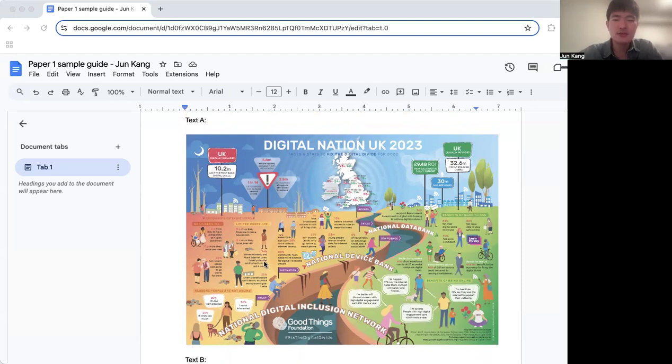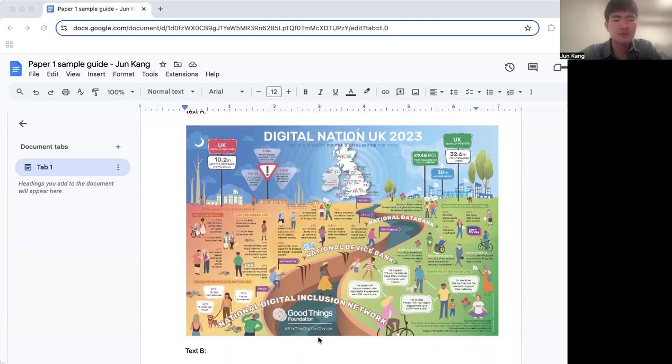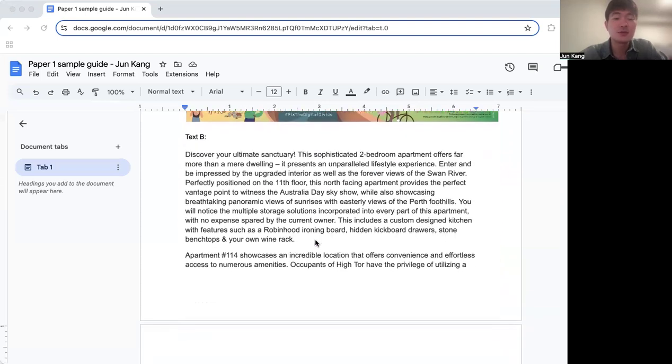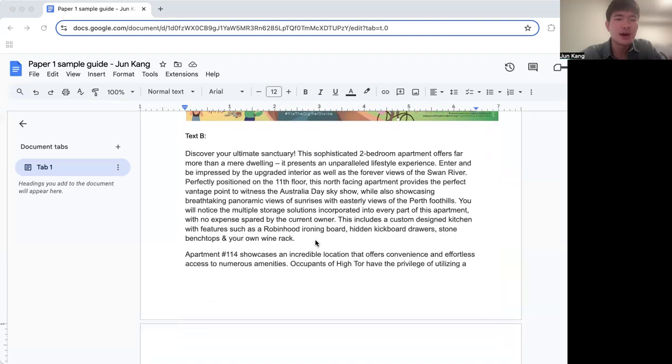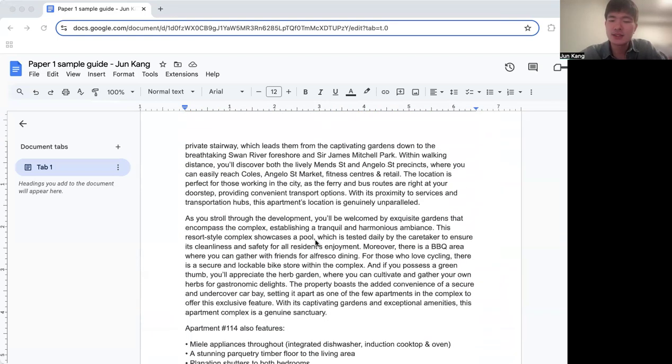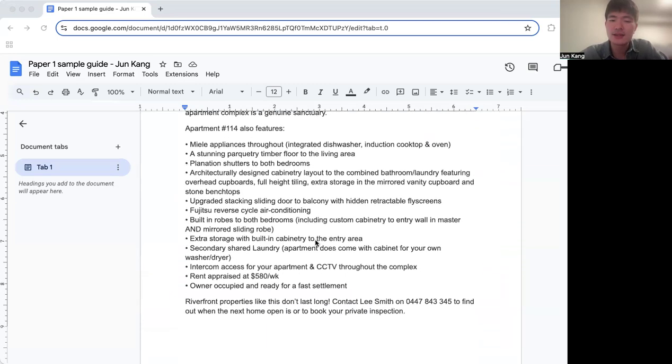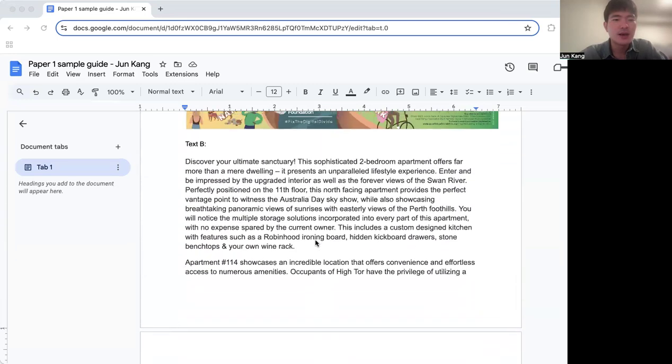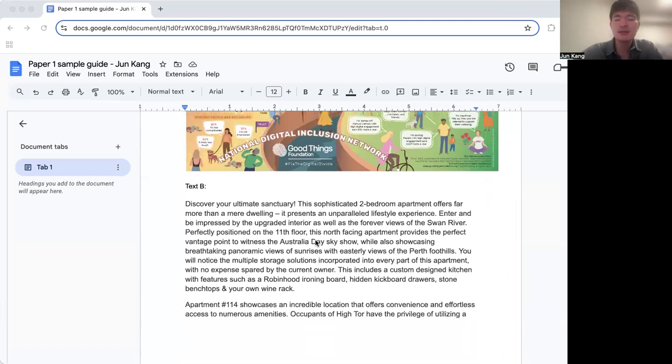Text A, from the fact that it's from a foundation, is a socially driven infographic that seems to visualize the problem of digital exclusion in the UK, while text B, and we'll go through this one by one, is a lifestyle-driven real estate advertisement. As we can see from the tone and the fact that this is an advertisement, it is designed to sell a luxury apartment in Perth, right?